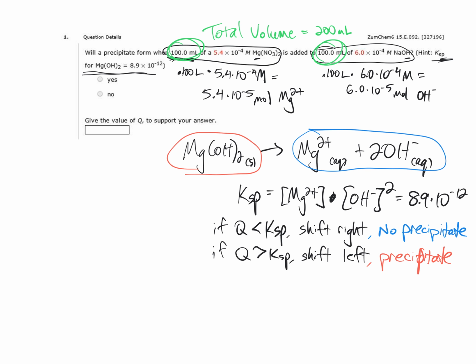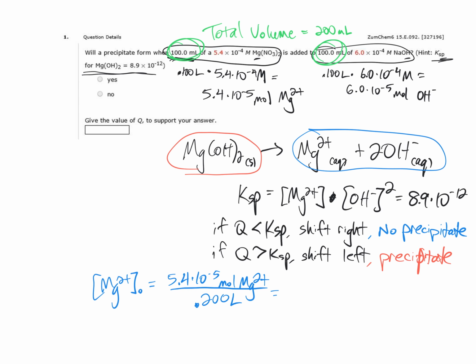So, to find the initial concentration of magnesium, and I denote that with the little subscript 0 outside the brackets, we would take the number of moles that we had calculated here and divide by the total volume. Or actually, we'll convert it to liters. 200 milliliters converted to liters is 0.2.